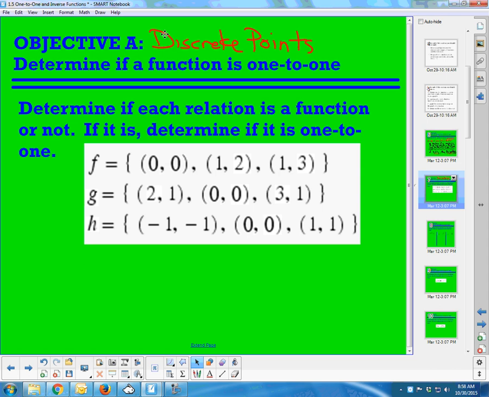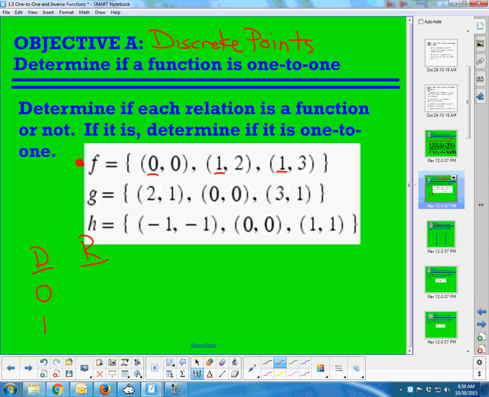So we could use our mapping diagrams here, and I'm going to start with the function f. I'm going to color code using red down here. If I have a mapping diagram for my domains and my ranges, I would start with the domain elements of f, my x coordinates, 0, 1, and 1. I only need to write 0 and 1.